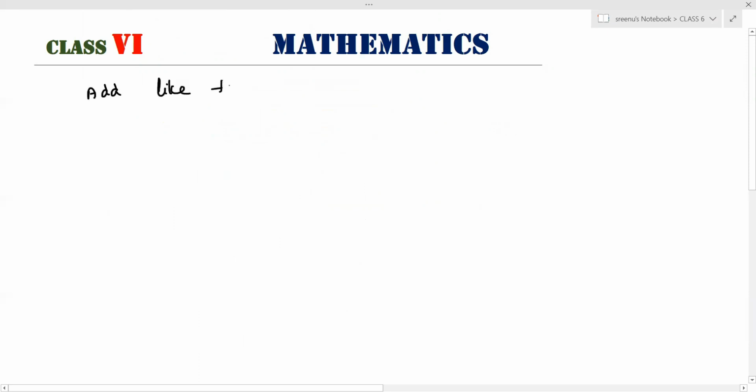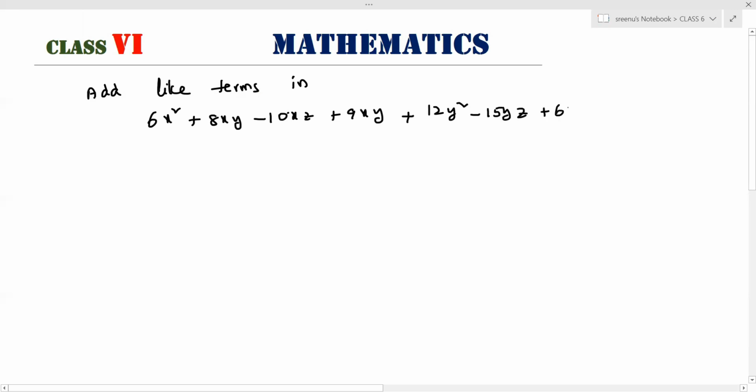Add like terms in what is given in the question like this: 6x square plus 8xy minus 10xz plus 9xy plus 12y square minus 15yz plus 6x square plus 17xy. Let's go with the like terms, 6x square and 6x square.